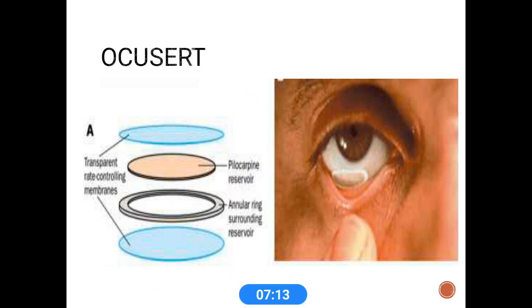Compared to existing ophthalmic preparations like eye drops, which require three to four daily instillations and sometimes cause eye irritation, these drawbacks can be overcome with ocusert. Another important point is that drugs are released in a controlled manner, which helps minimize the side effects of the drugs. Okay, thank you.